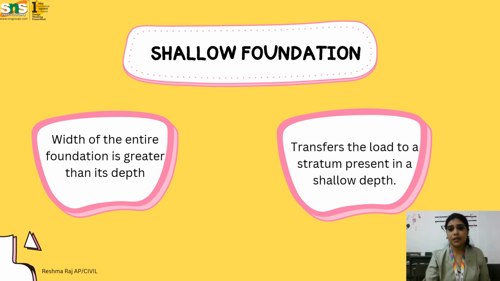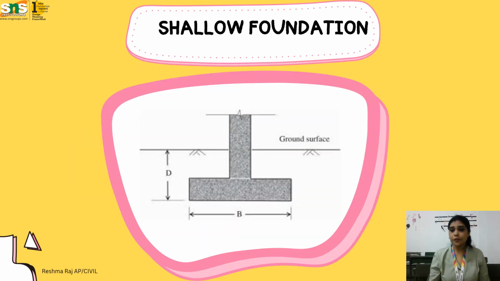So what we can say is that a shallow foundation is a very simple foundation. We can see in the slide the picture of the shallow foundation, where the ground surface is, where the shallow foundation is, where the trench is dug, and how much depth it has. We can identify that the depth is very small.